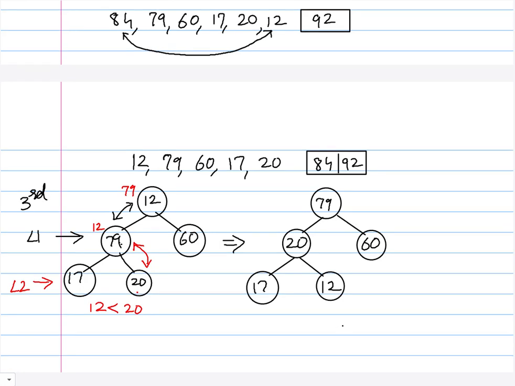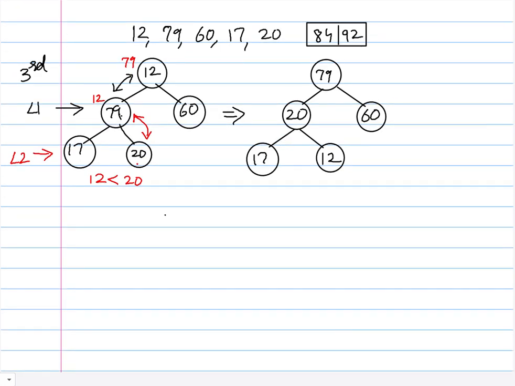So now again we'll rewrite this in the form of an array. So we'll get 79, 20, 60, 17, 12, and your sorted part of the array was having 84 and 92.